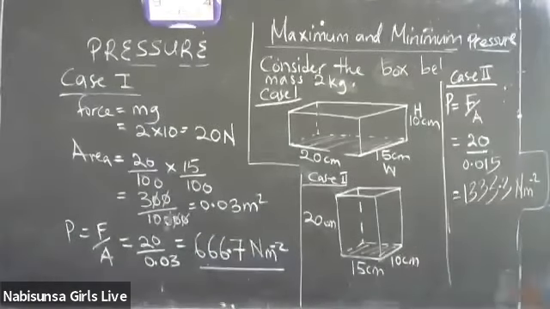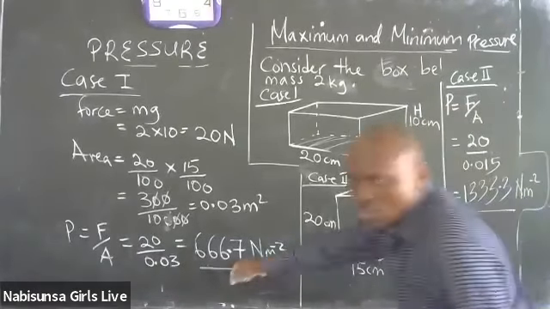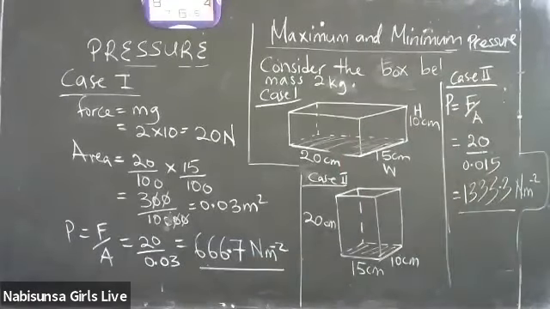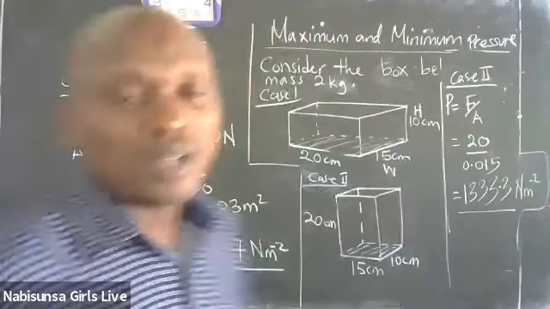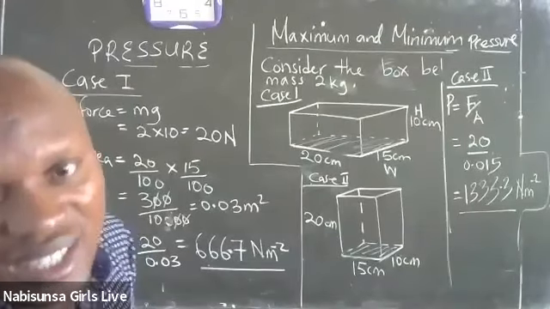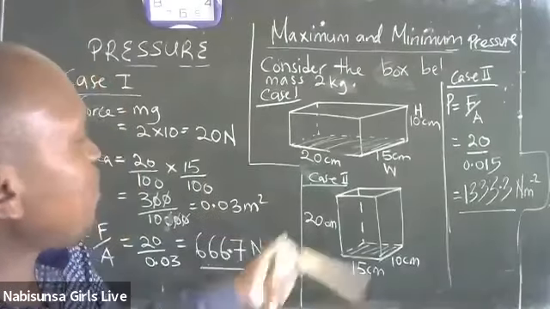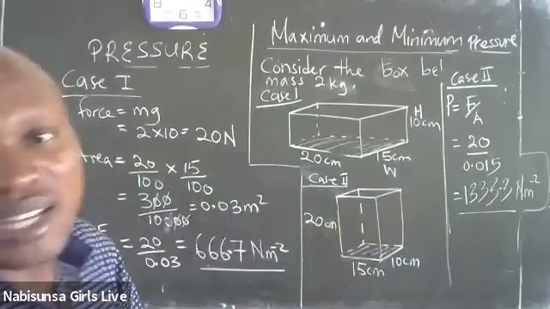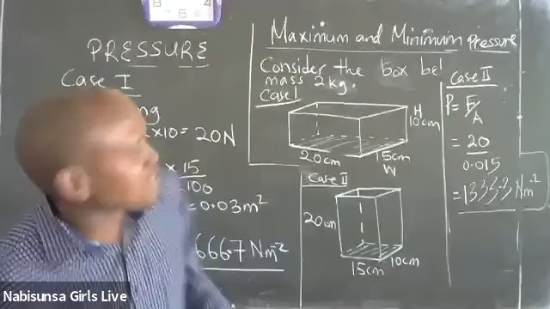Now of the two answers, which one is greater? Is it the answer in case 1 or case 2? Answer in case 2. Now somebody should have noticed, if the other answer is greater, what is the difference in the way we have gotten the answers?